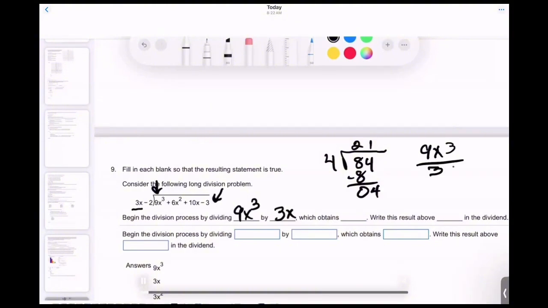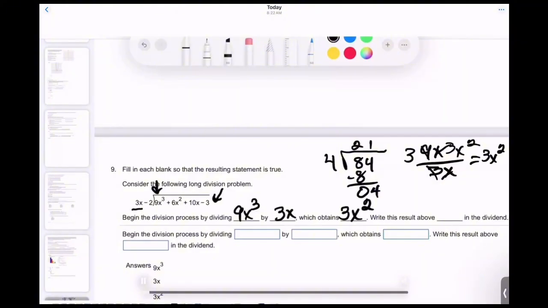Are you there with me so far? Did you catch that for your particular problem? Let me know. I'll go fast. You're going to have to slow me down. So 9x cubed divided by 3x is equal to 3x squared. Are you okay with that?